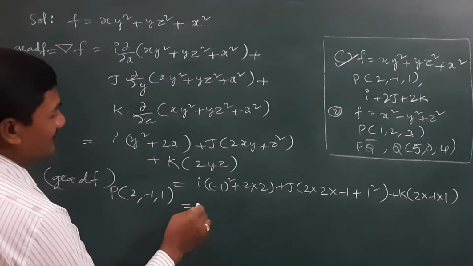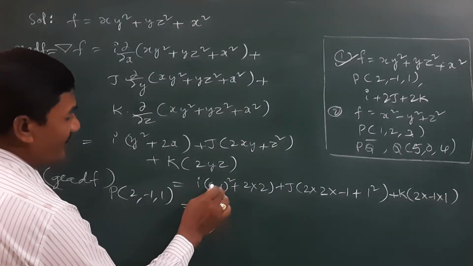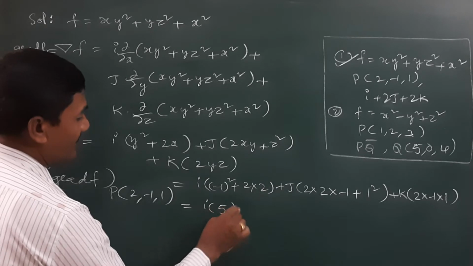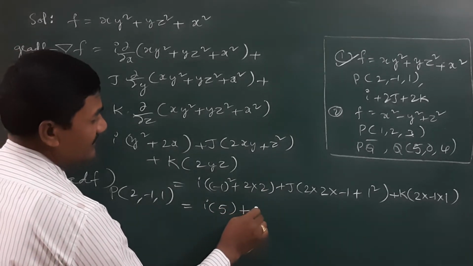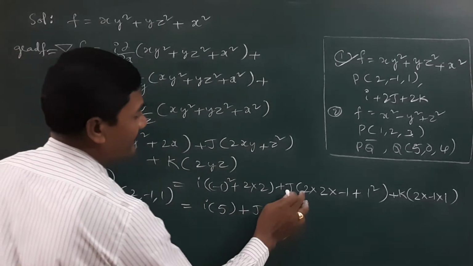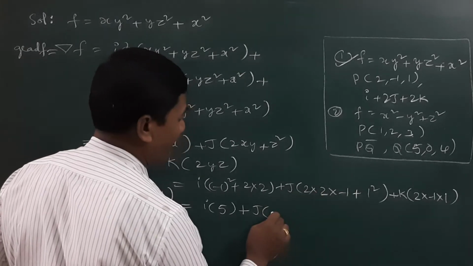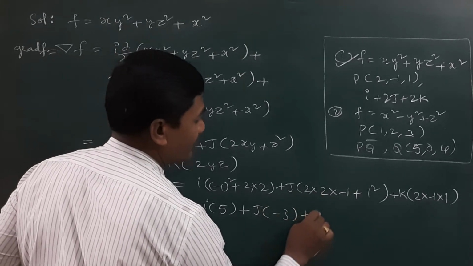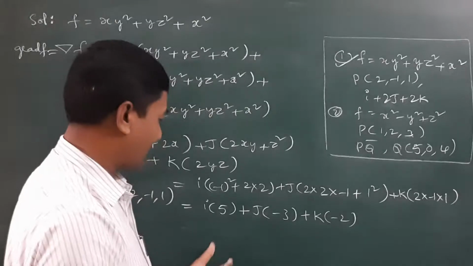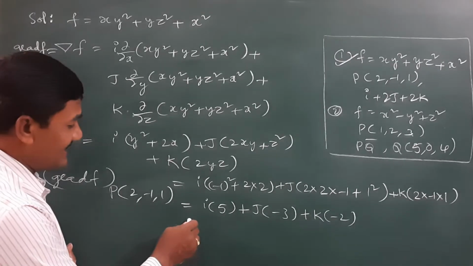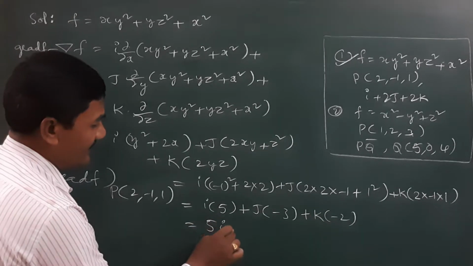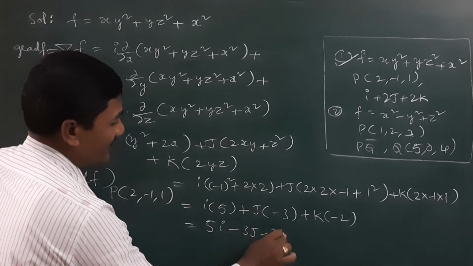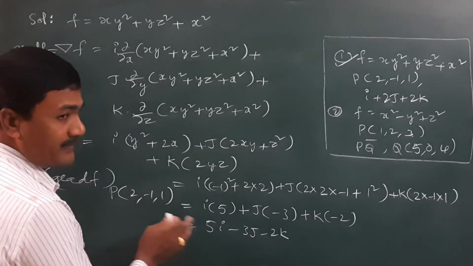That is equal to i times 1 plus 4, that is 5, plus j times minus 4 plus 1, that is minus 3, plus k times minus 2. This is simply 5i minus 3j minus 2k. This is the gradient of f at the point P.